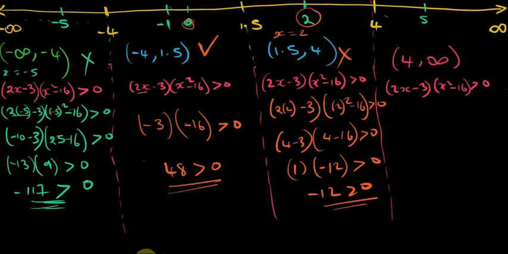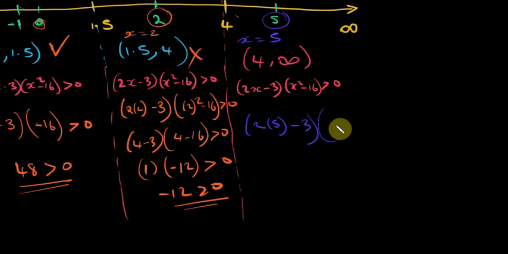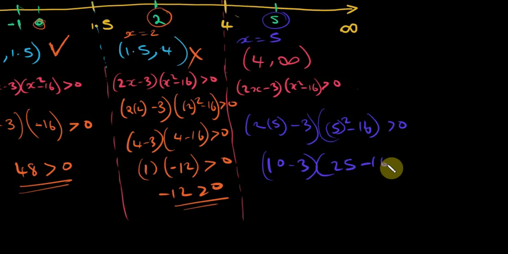So we move on to the fourth region. Maybe we'll get better luck here. Okay, so in this region, x is equal to 5. Alright, let's do this. So 2 multiplied by 5 minus 3 multiplied by 5 squared minus 16 should be greater than 0. 2 times 5, that's 10, 10 minus 3; 5 squared, that's 25 minus 16.